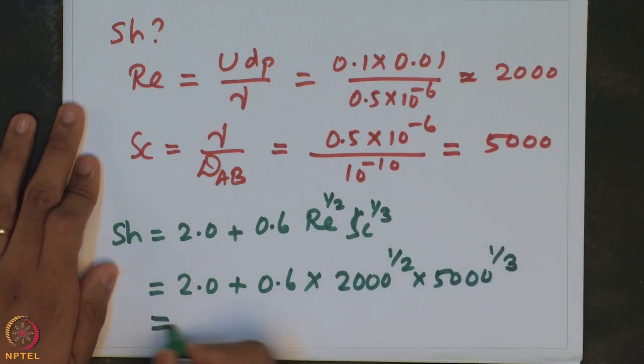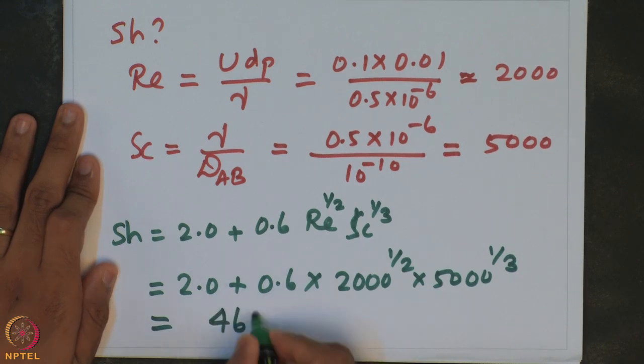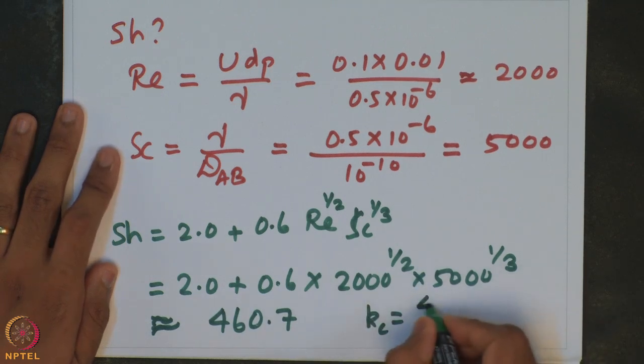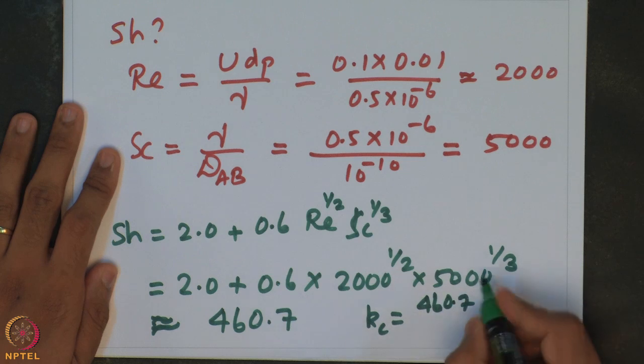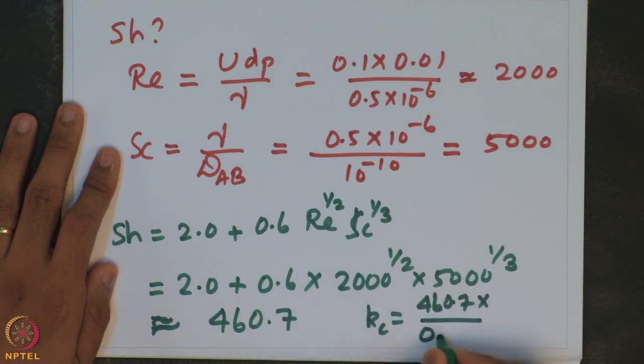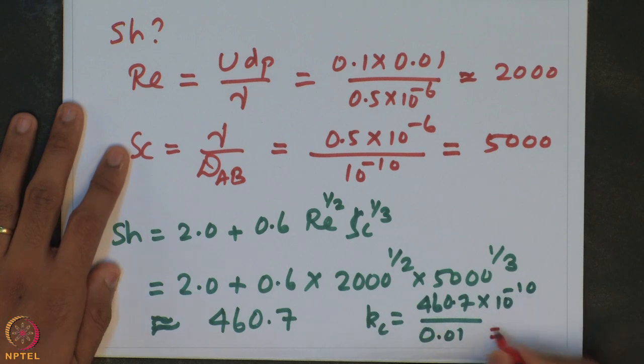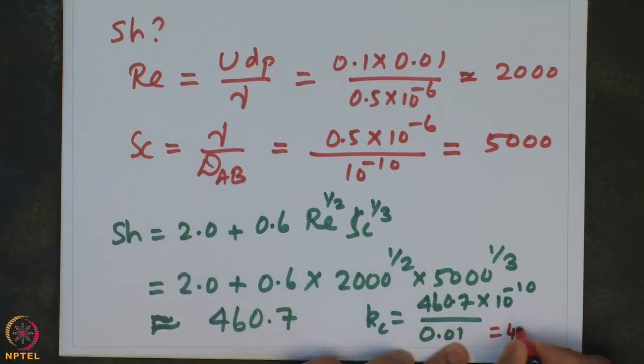From here we see that the Sherwood number is equal to 460.7, and we can estimate the mass transport coefficient, which is 460.7 times the particle diameter 0.01 divided by 0.01 into 10 to the power minus 10, and that is approximately 4.61 times 10 to the power of minus 6 meters per second.